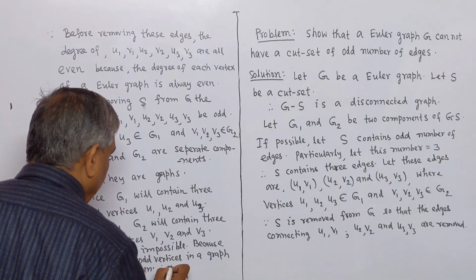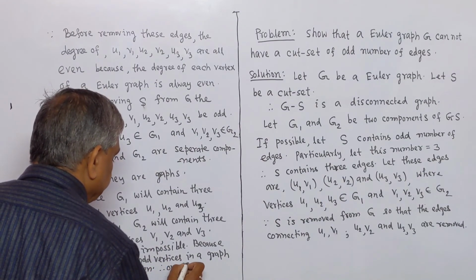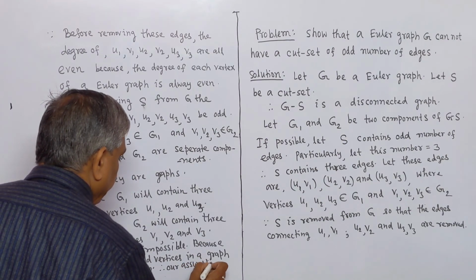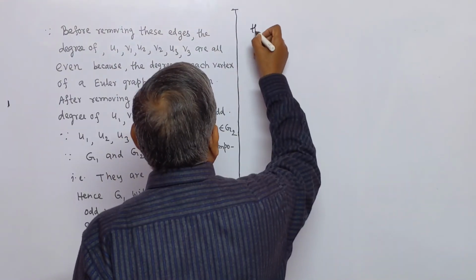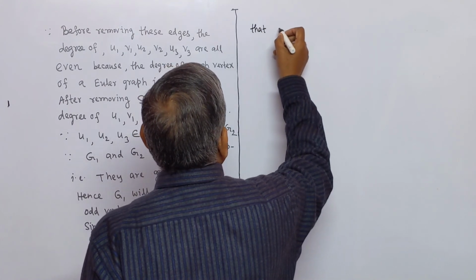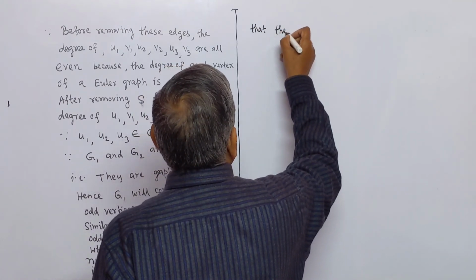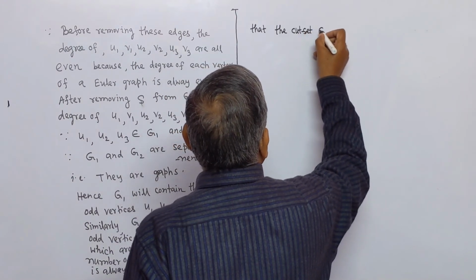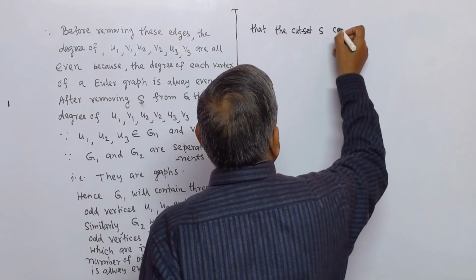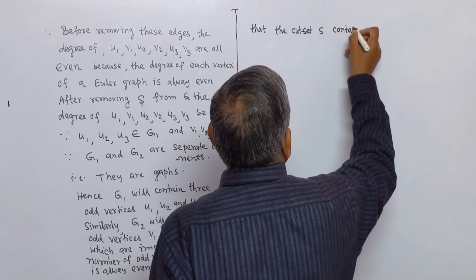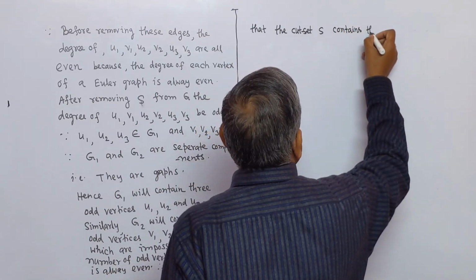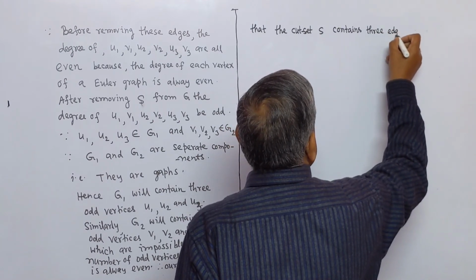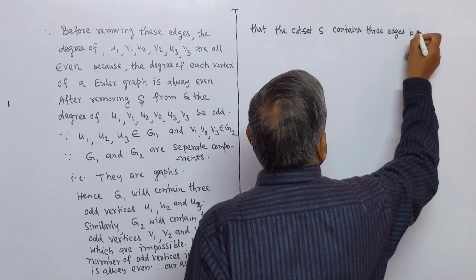Therefore, our assumption that the cut set S contains three edges is wrong.